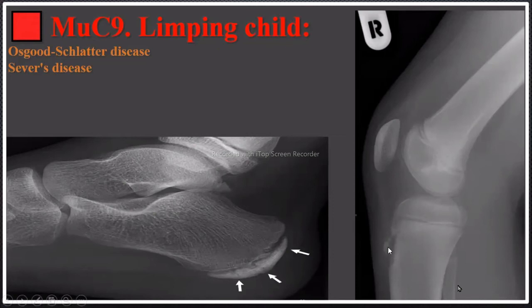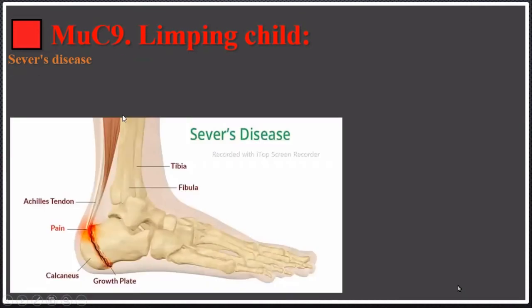Fragmentation of tibial tuberosity or the patellar tendon. And here also Sever's disease. So the same idea, overuse. So fragmentation here of calcaneal. So this one knee, this one ankle, this one here.